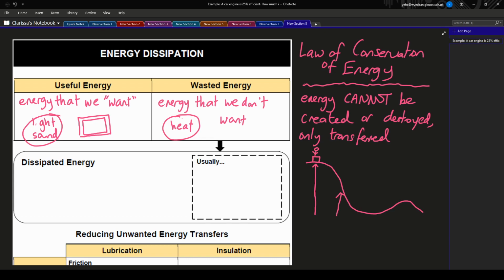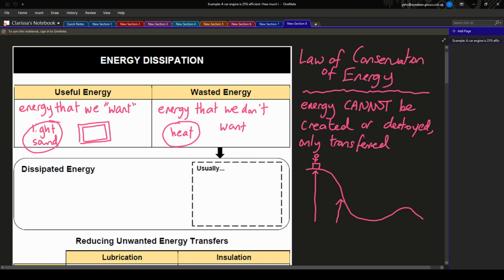A lot of it is just using logic, using your knowledge of all the different energy stores and thinking about, okay, when I switch this on, what do I want from it? What type of energy am I looking to get? But what other types of energy do I get that isn't actually going to be useful to me?